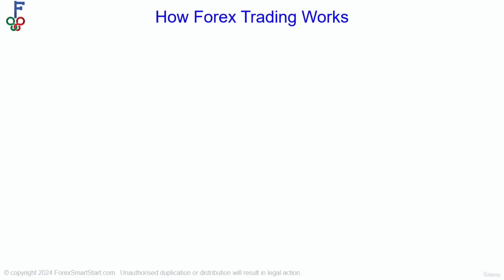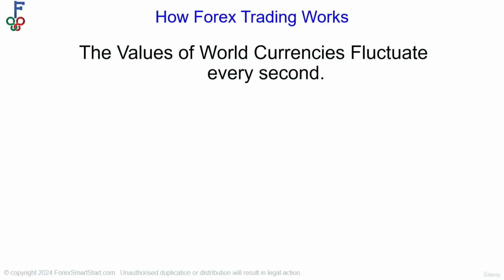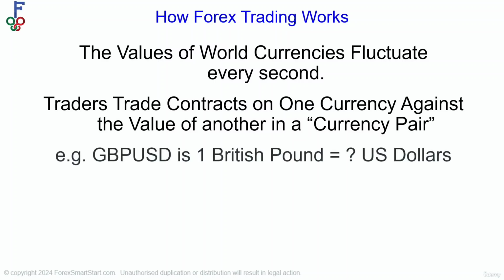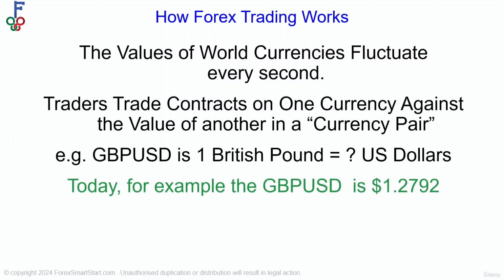How Forex trading works. The values of world currencies fluctuate every second. Traders trade contracts on one currency against the value of another in a currency pair. For example, the GBP/USD is 1 British pound equals how many US dollars. Today, for example, the GBP is valued at 1.2792 US dollars.